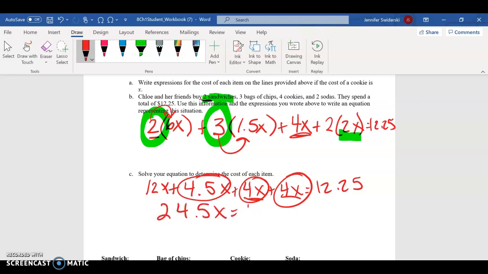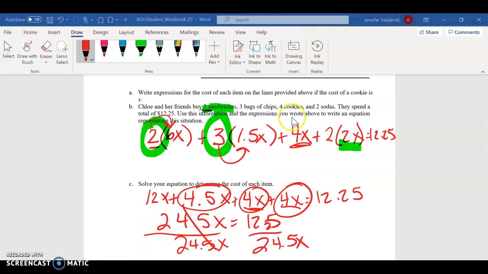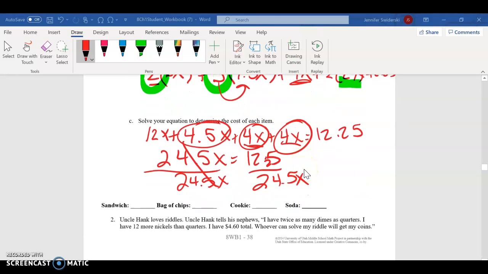X equals 12.25. I'm going to divide both sides by 24.5X. And when I do 12.25 divided by 24.5, we do not need the X because we're trying to solve for the variable, right?